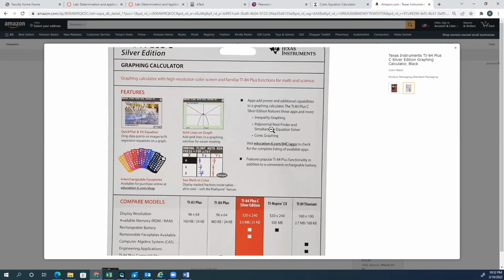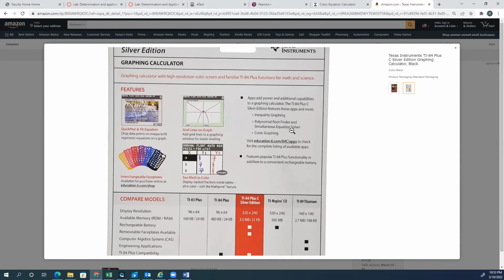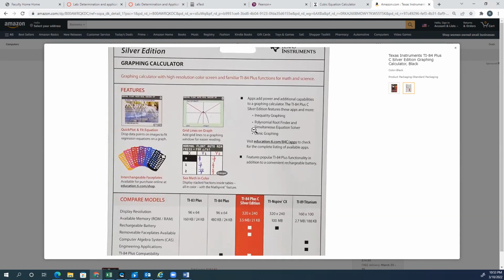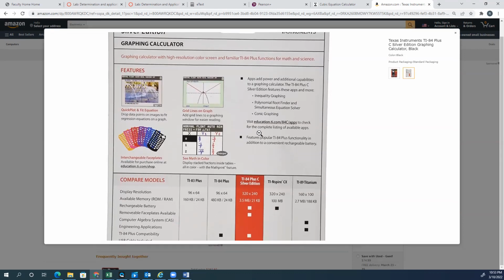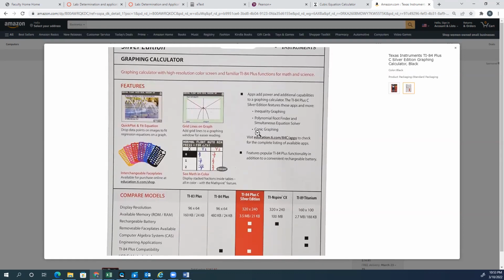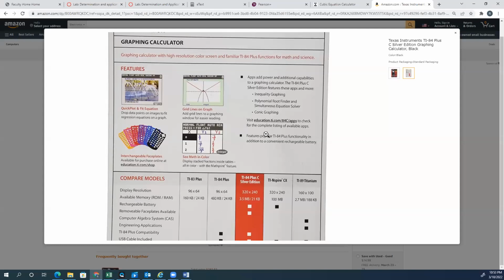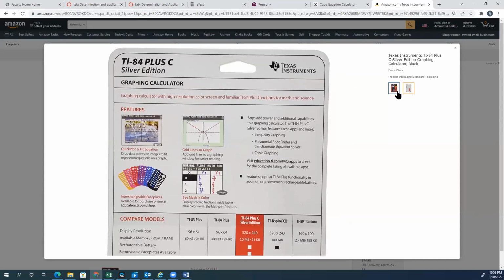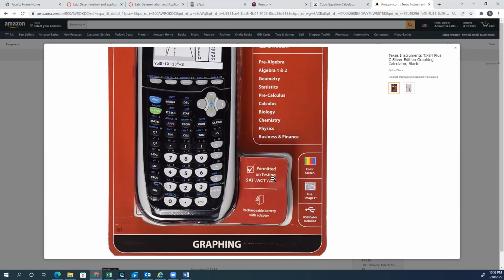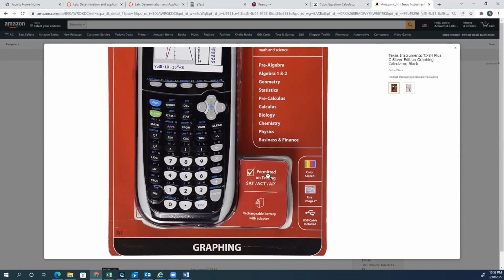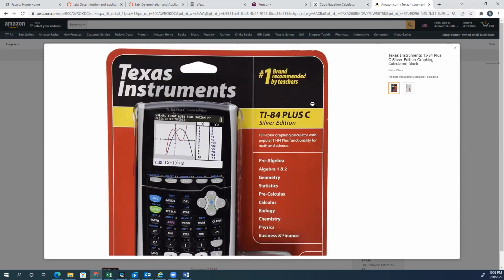Polynomial root finder. Simultaneous equation solver. So yeah, this would work too. You could just solve it using this. Is this okay for the SAT? Yeah, I'm pretty sure. Yeah, so this would be okay. You'd use this calculator. So this is a good calculator here.